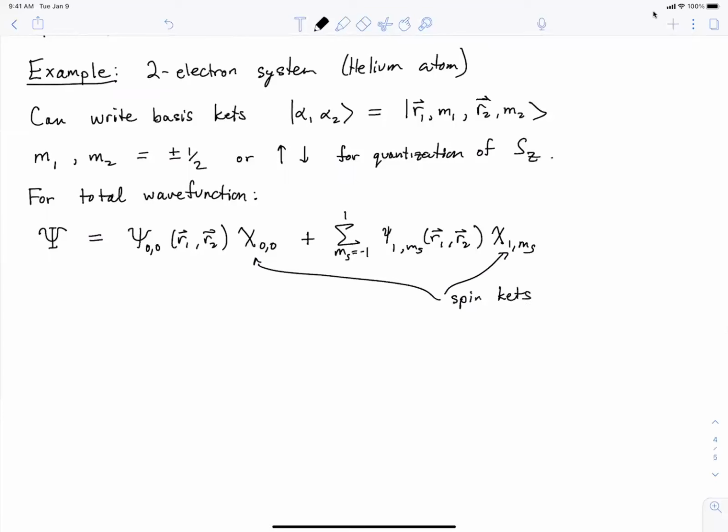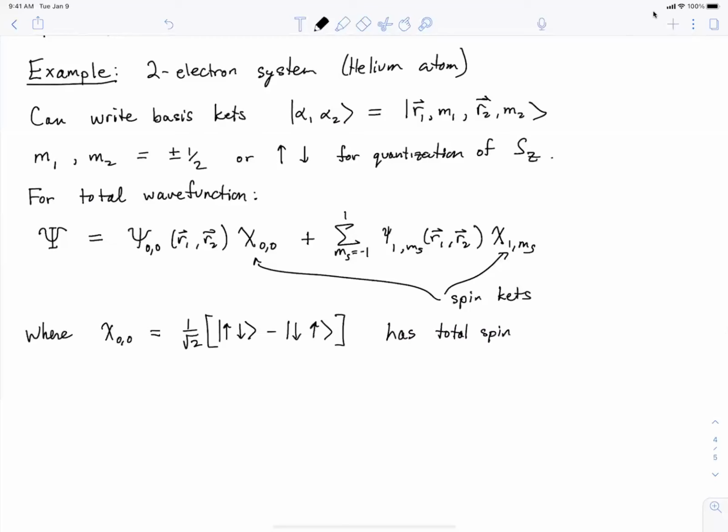And let me tell you what they are. So chi 0, 0, I'm defining to be 1 over square root of 2, up arrow, down arrow, minus down arrow, up arrow. Okay, and remember when we added spin angular momentum in the last semester, we found out that this has total spin quantum number.